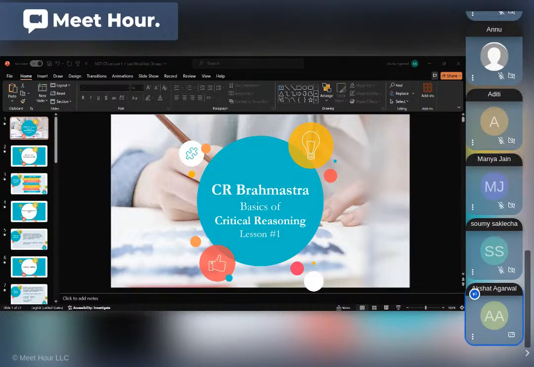You're able to eliminate the wrong options and arrive at a more concrete correct answer, as compared to RC or legal, where there's a lot of ambiguity. The key is to brush up your basics and be clear with the concepts of critical reasoning. So that's what we're going to do.